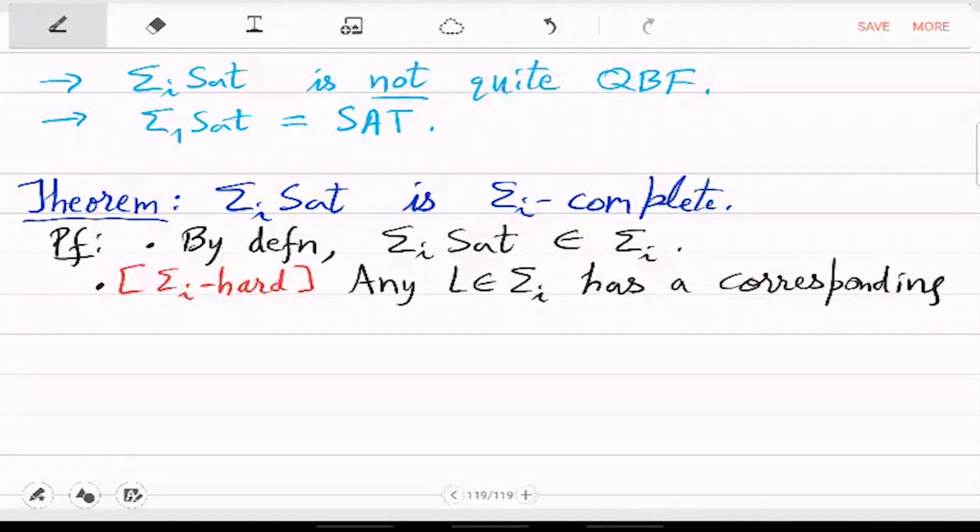So any language in sigma I has a corresponding polytime Turing machine M. That's the verifier, right?